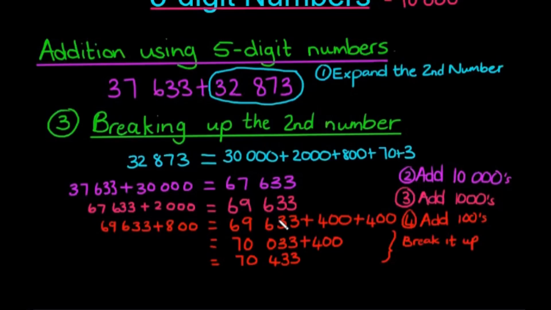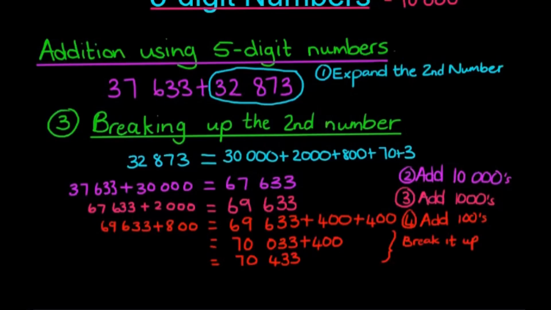But I'm going to break up my 800 into two 400s. First thing I'm going to do is add the first 400, and this is going to give me 70,033. Then I will add the next 400, and this will give me 70,433.